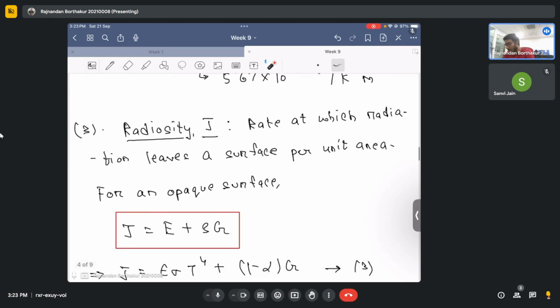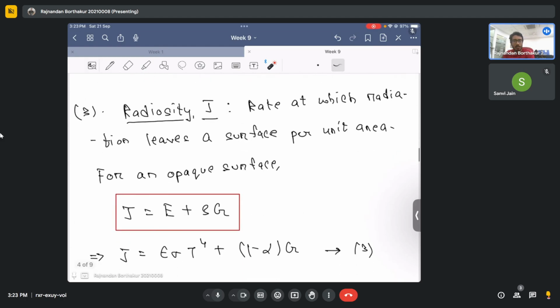Okay. Then we saw something which is known as the radiosity, which is basically the net radiation which leaves a surface per unit area. And just by doing a simple energy balance on the surface, we saw that the radiosity is the sum of the emissive power, to be precise, plus the reflected irradiation, which is rho times G. Okay, so remember this is true only for an opaque surface.